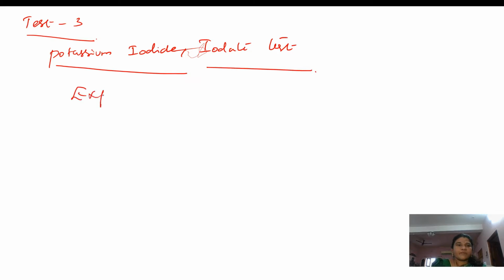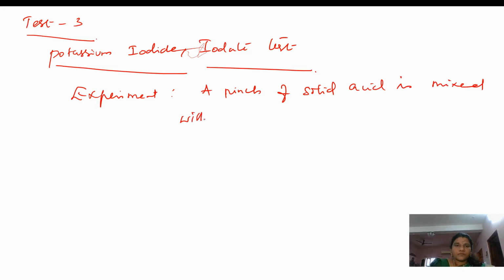Here the experimental part is that a pinch of solid acid is mixed with an equal amount of potassium iodide.